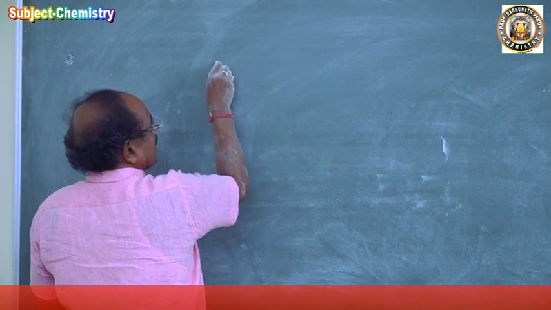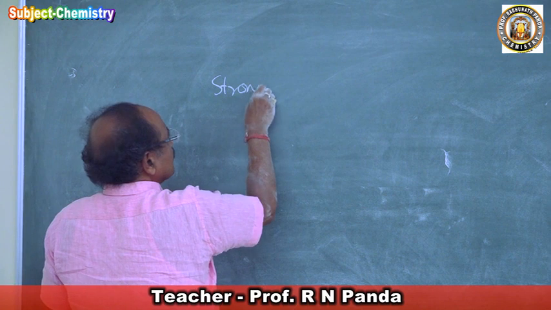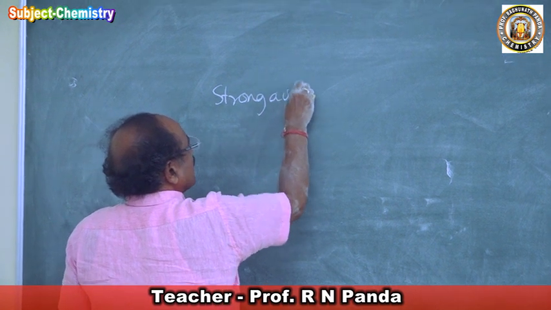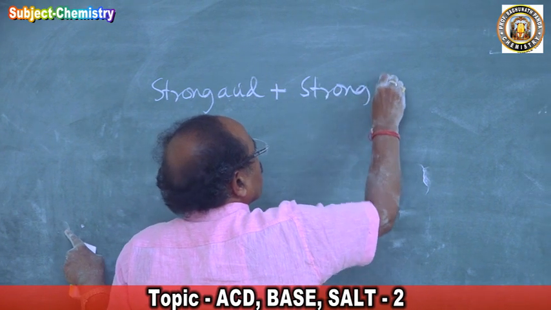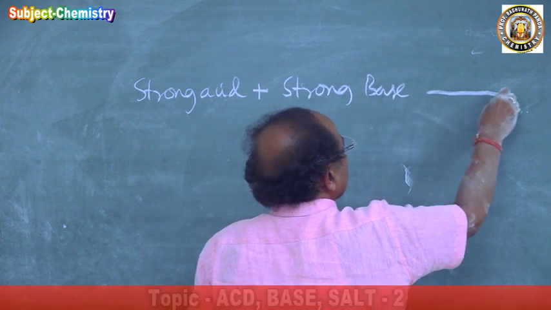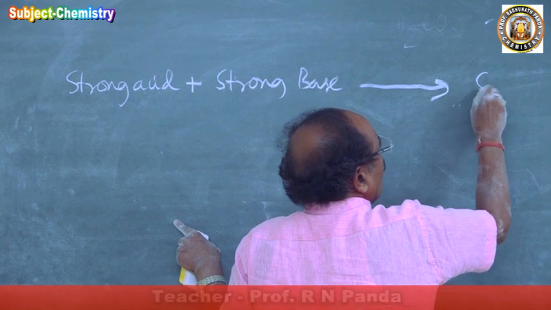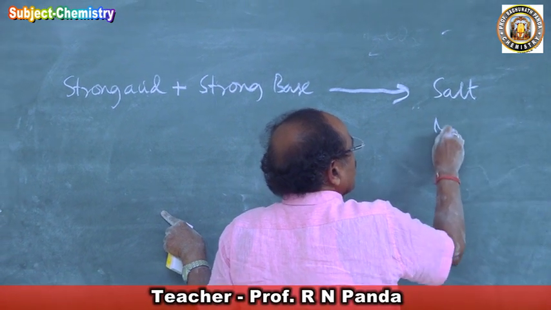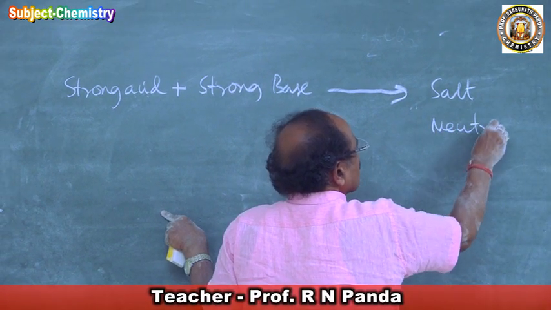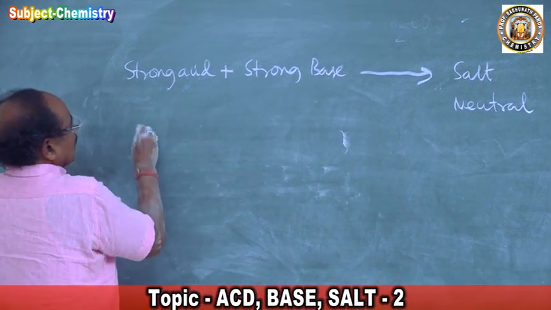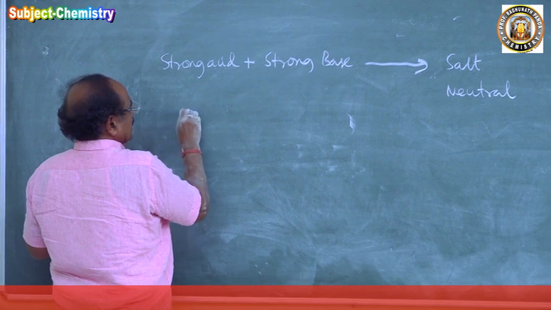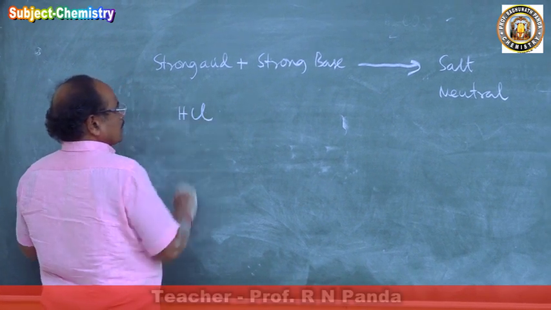How? When a strong acid reacts with a strong base, the salt formed will be neutral. This will be a neutral salt. So for example, take hydrochloric acid.